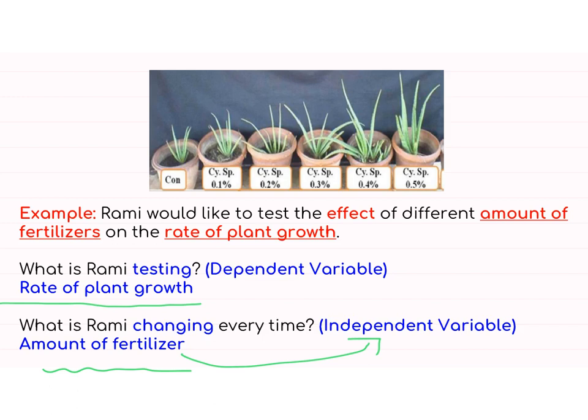So what Rami is testing is what we call the dependent variable, and what Rami is changing is the independent variable. Hence, in short, the factor that the scientist is changing is the independent variable, and the factor that the scientist is testing or measuring is the dependent variable.